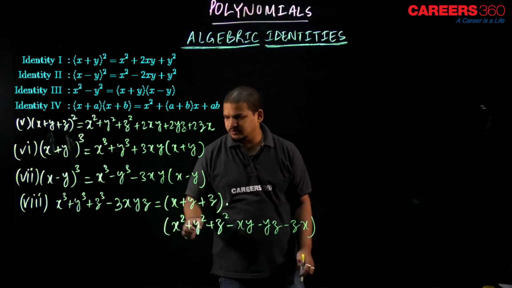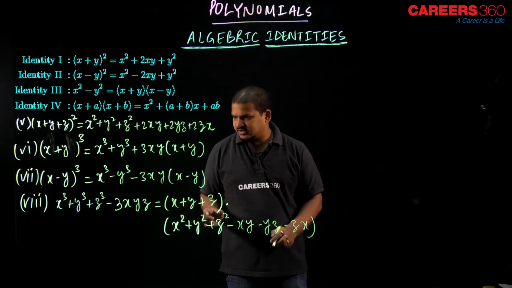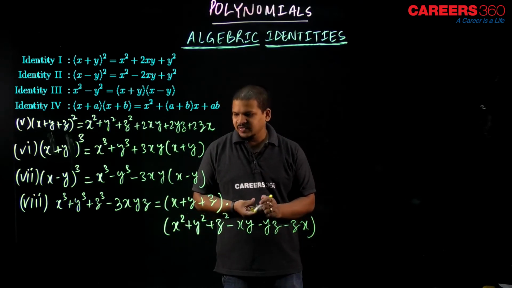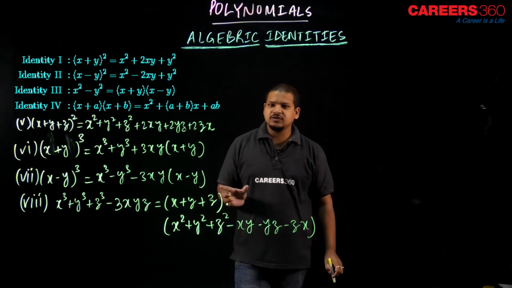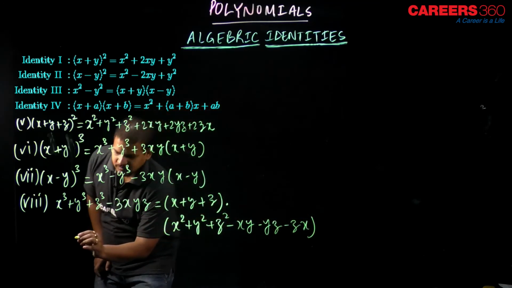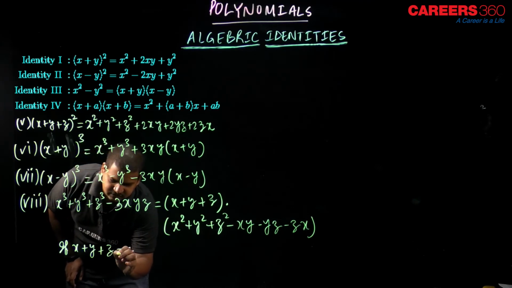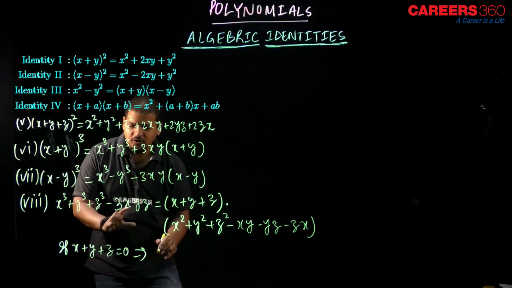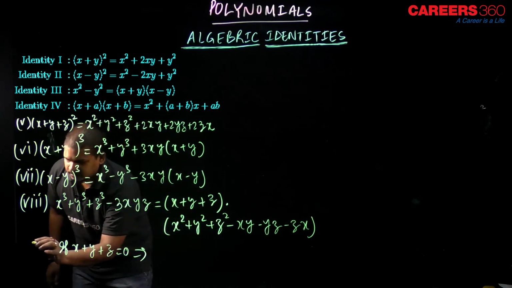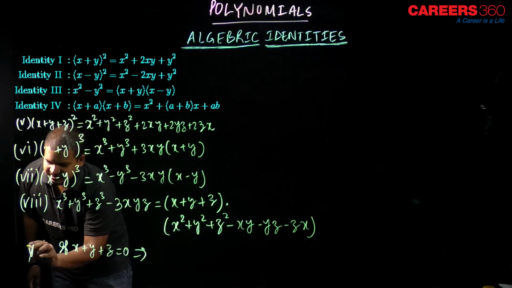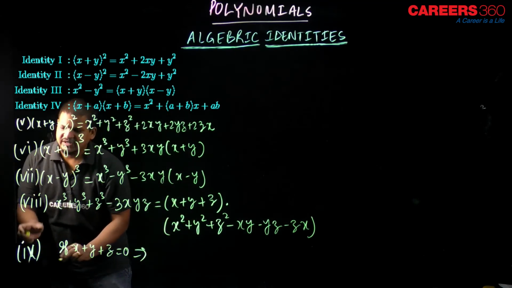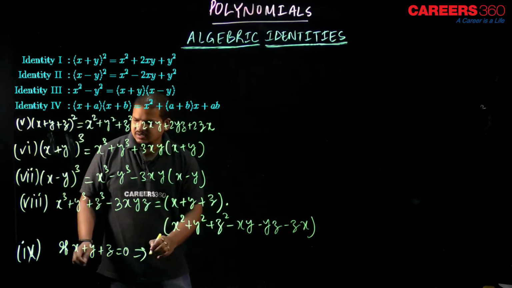This is also one of the very important identities, and one of the results that I obtain from here is, if x plus y plus z is equal to 0, then what it means is, this is the extension of the eighth identity only. So let's just write it separately.